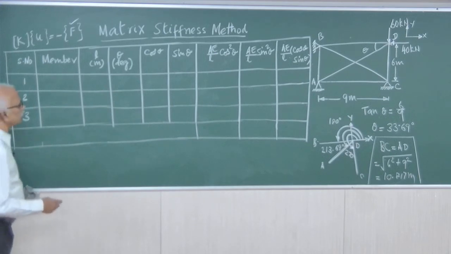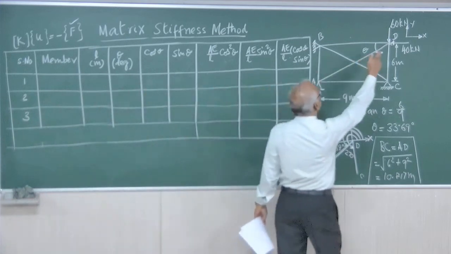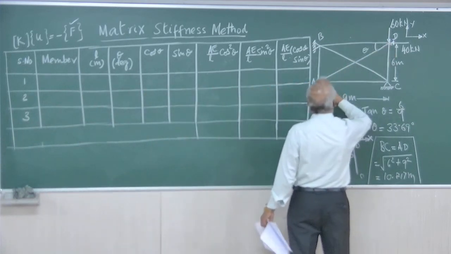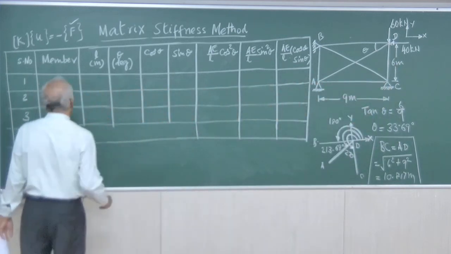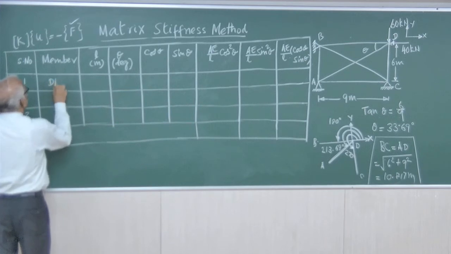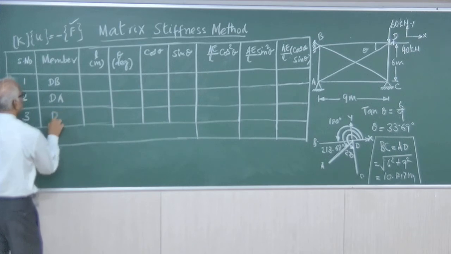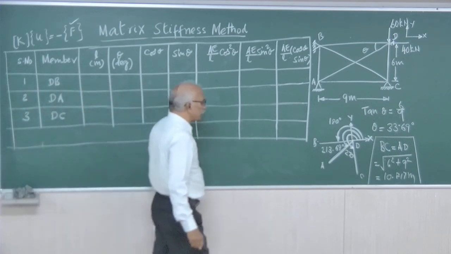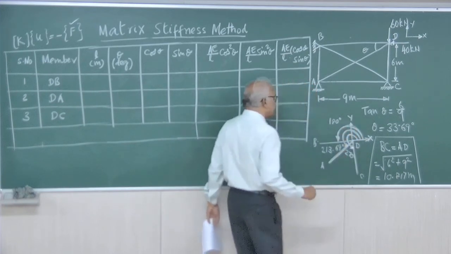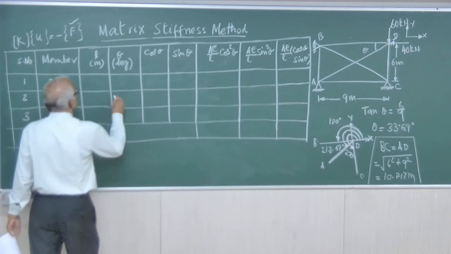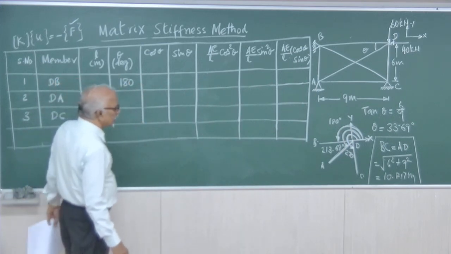For member, we will take it from DB. So we will take members DB, DA and DC. These are the members we are going to deal with. For DB, the angle is 180 degrees from x-axis. Degrees has been mentioned at the top.